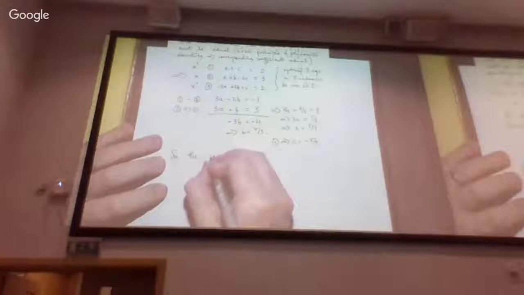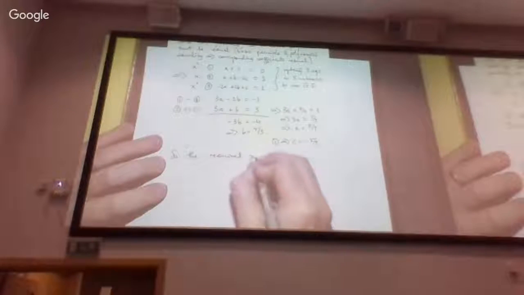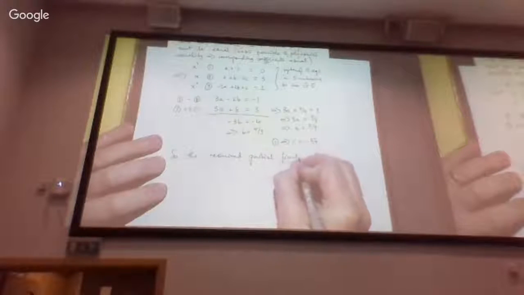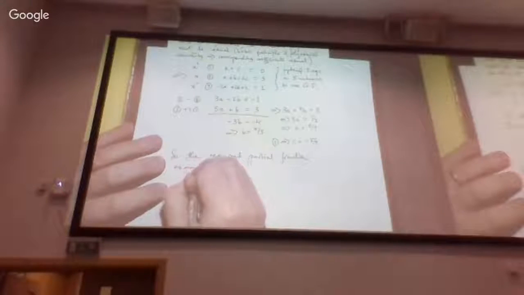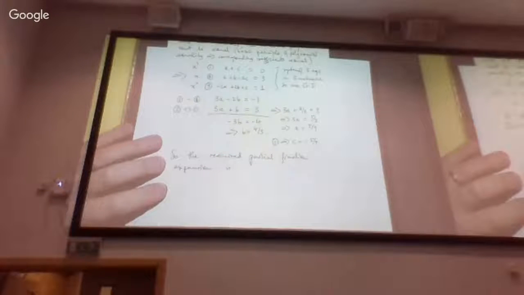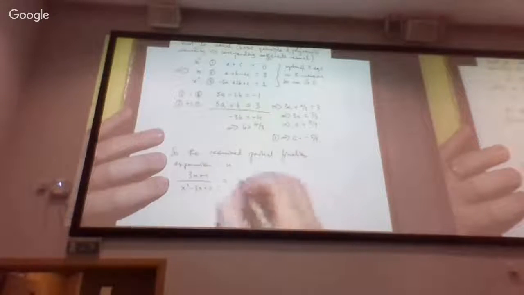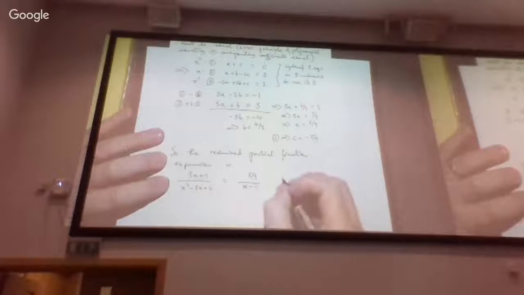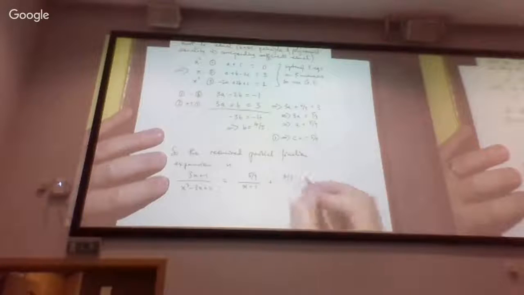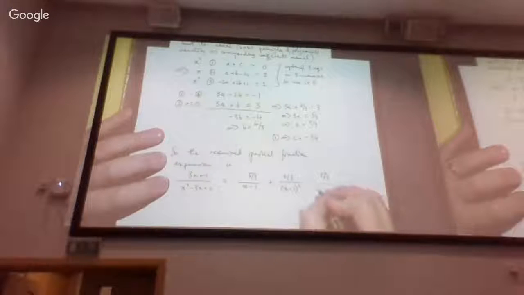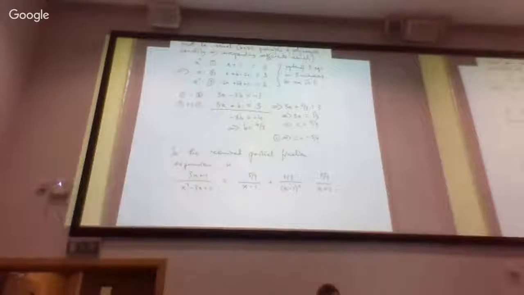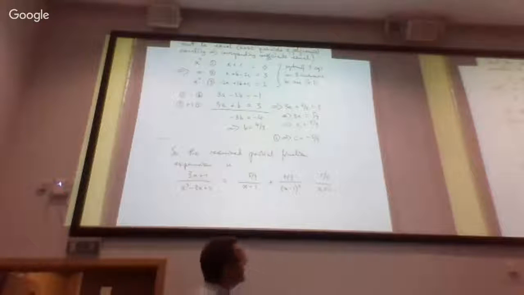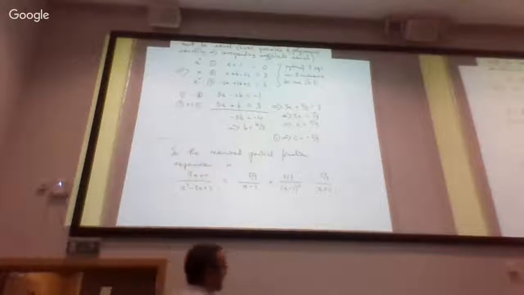So the required partial fraction expansion then is 3x plus 1. The a was over x minus 1, so it's 5/9 over x minus 1. b was over x minus 1 all squared. And the c was over x plus 2. You've got to remember to line up the correct coefficients with the correct denominators at the end, of course.